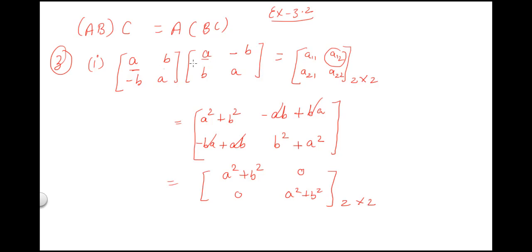Clear? Let us take one more example. This is quite important and most of the students do it wrong. Just to see, there is one column matrix only and the elements in it are 1, 2, 3. Carefully observe the order. There are how many rows? 3 rows and there is one column. Okay, and then there is another row matrix which has the elements 2, 3 and 4.